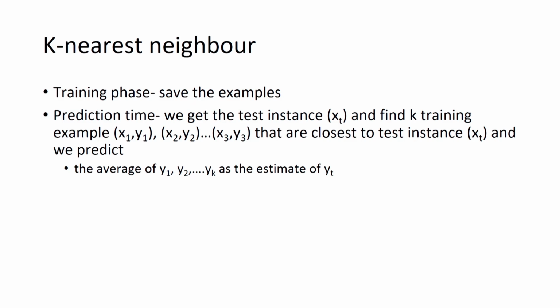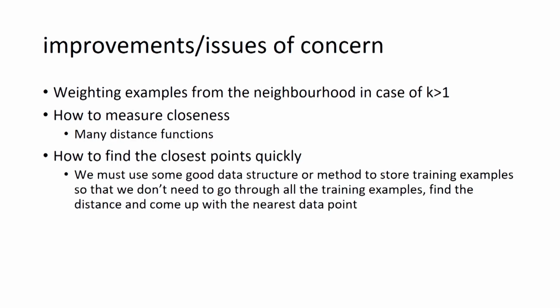The average of these is the estimate of the response variable value of the test instance. So, if one outlier is there, but we are taking the average of, suppose, 10 nearest neighbors, there are chances that we may get a better prediction.